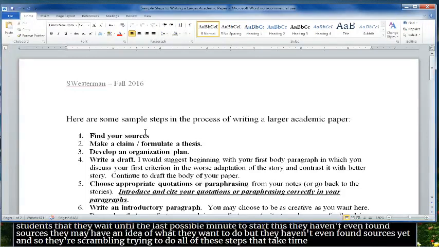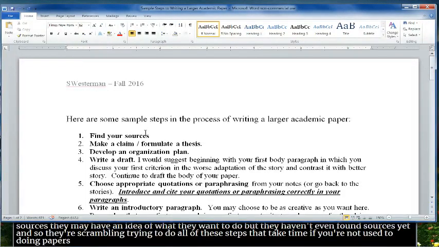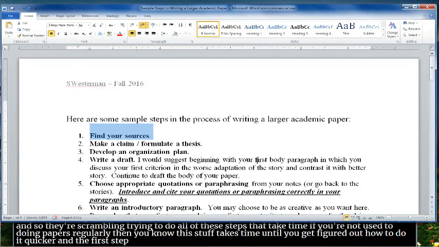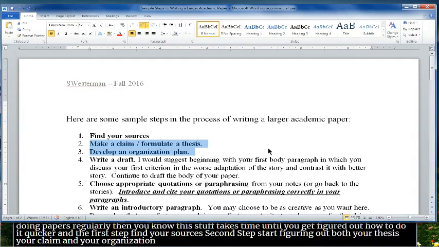If you're not used to doing papers regularly, then this stuff takes time until you figure out how to do it quicker. And the first step, find your sources. Second step, start figuring out both your thesis, your claim, and your organization. What am I going to do with this paper?